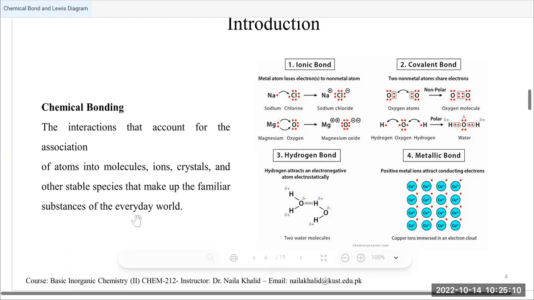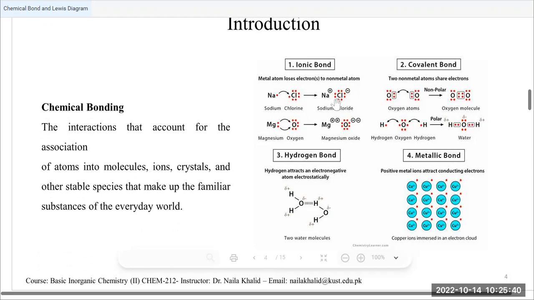You can see in your daily life various examples of chemical bonds present in different elements. This is an example of table salt. The formula of table salt is sodium chloride. In sodium chloride, there is a bond, a force between the sodium ion and the chloride ion that holds these two ions together.